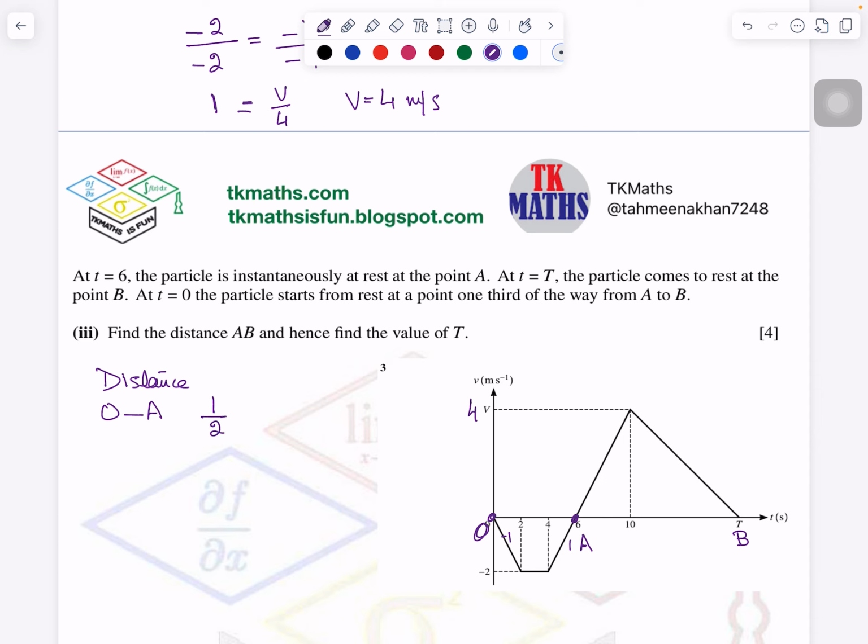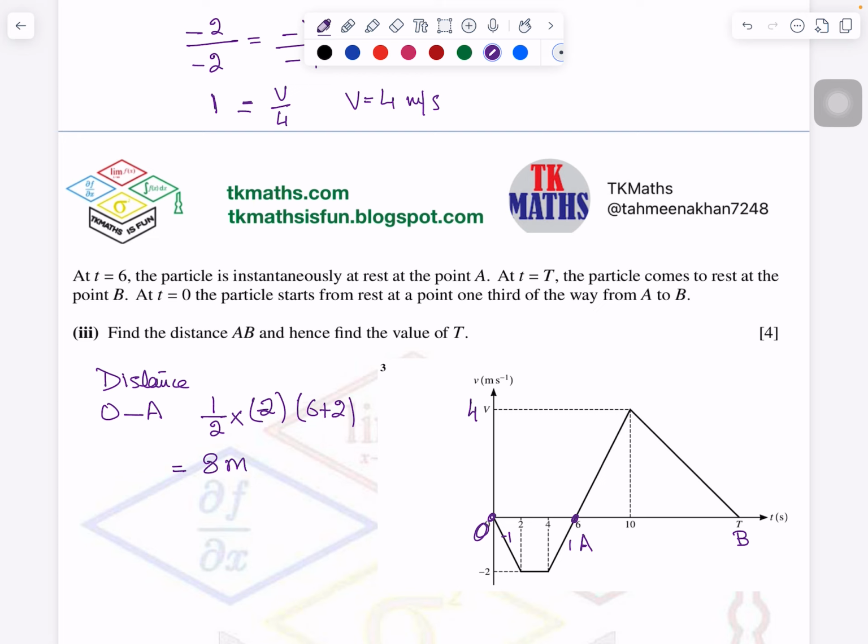Trapezium. So let's apply the trapezium formula. By the way, this minus sign is just telling the direction. When you are calculating distance or area under the curve, you don't need to mention it here, right? So now it is 6 plus 2. Okay, so distance covered is 8 meters.